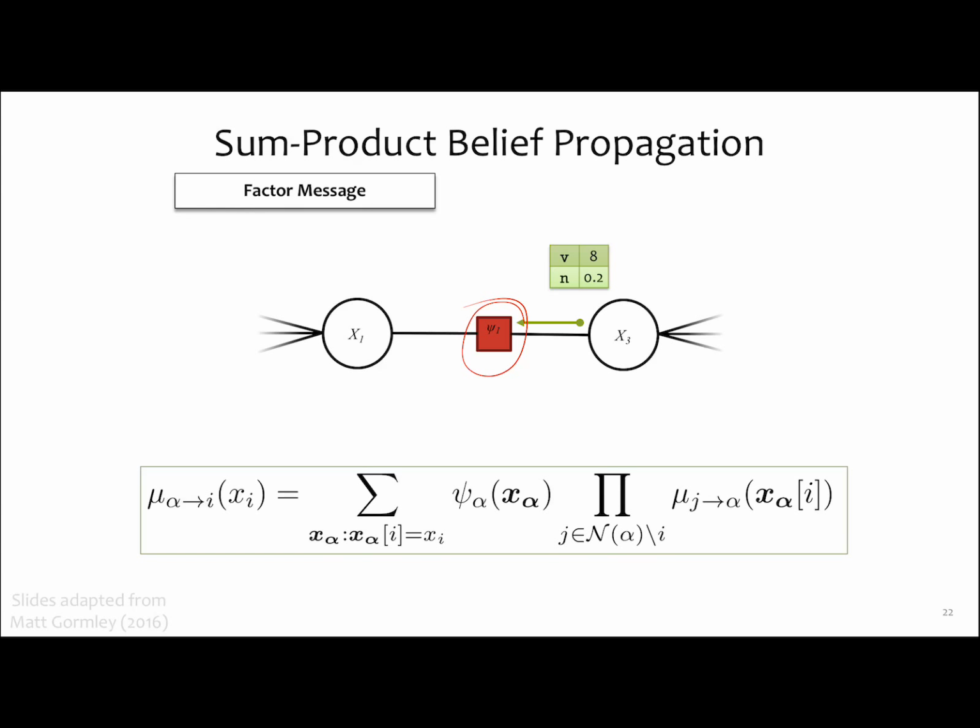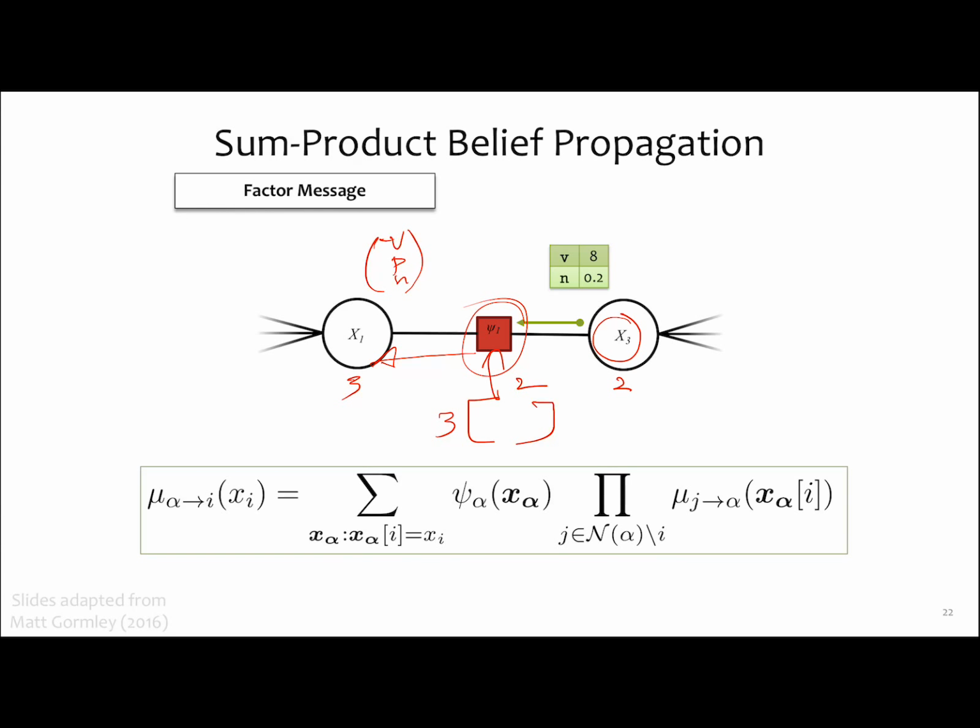It multiplies the message from x3 with its own factor, the influence of that factor, and integrates. Let's say x3 has 3 states, v, p, and n. The message coming from x3 has cardinality 3, and this one has cardinality 2, so this should be 3 by 2.